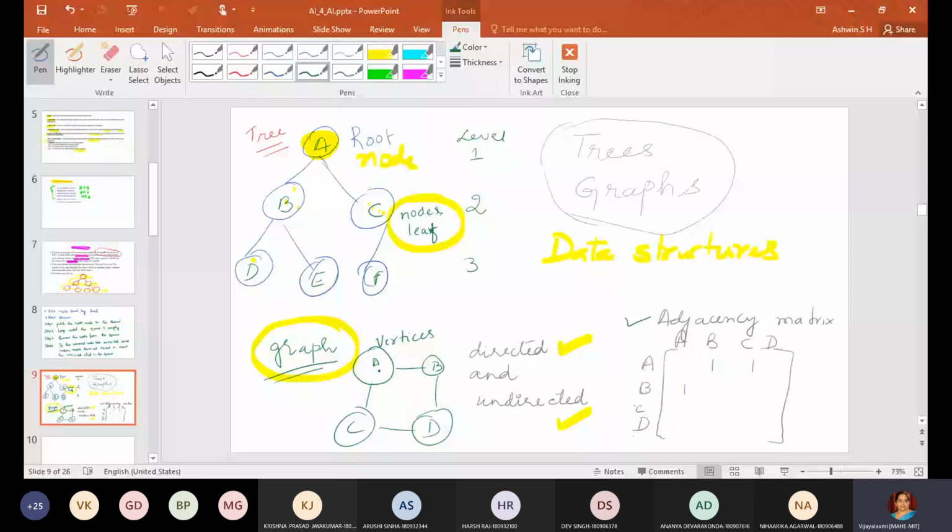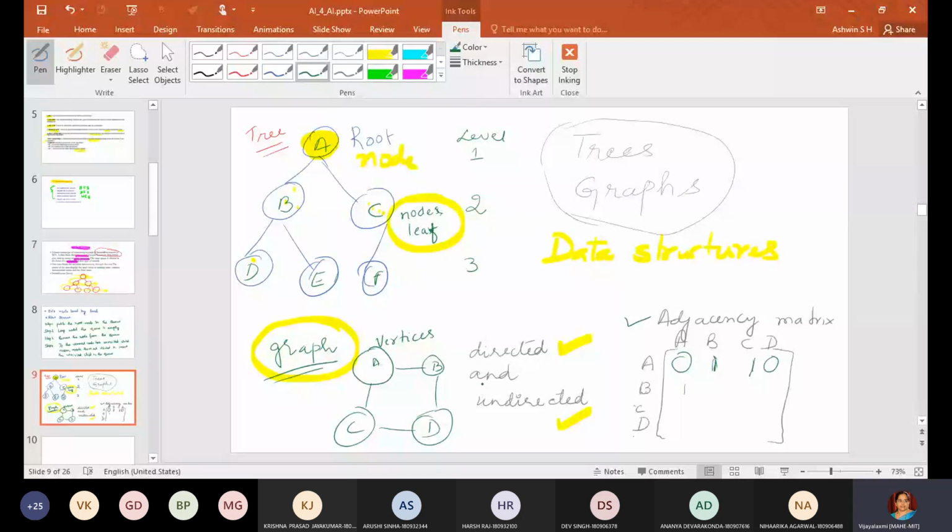Okay, how is vertex A connected? The adjacent vertices you have to write. A is connected to B and C. So wherever B and C are there, you put 1, the remaining you put 0, okay?